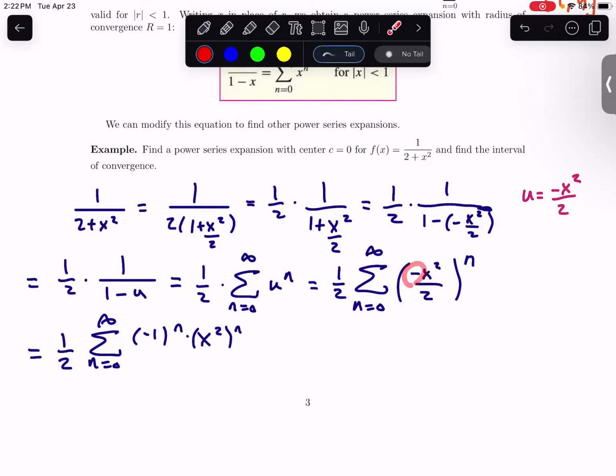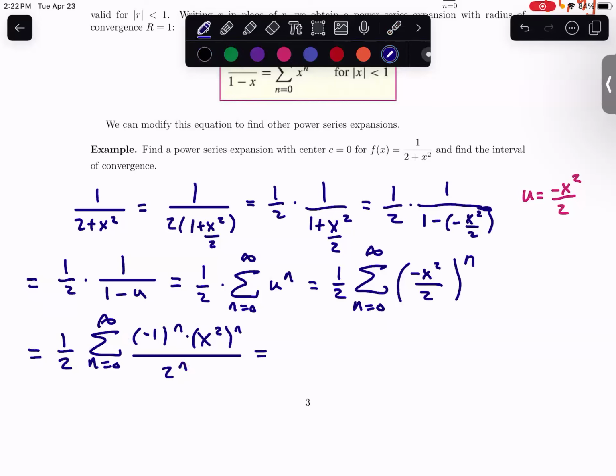Because we have a minus 1 multiplied by x squared, so you can distribute the power. And then this is over 2 to the nth power. And then we have a 1 over 2 outside of the sum, so you can do this 1 over 2 multiplied by this 1 over 2 to the n.